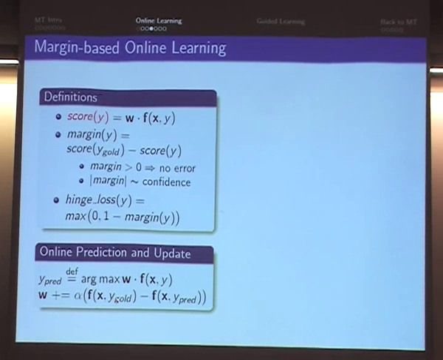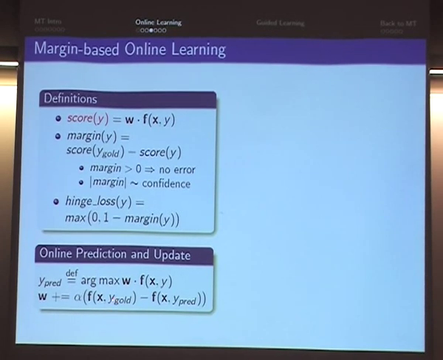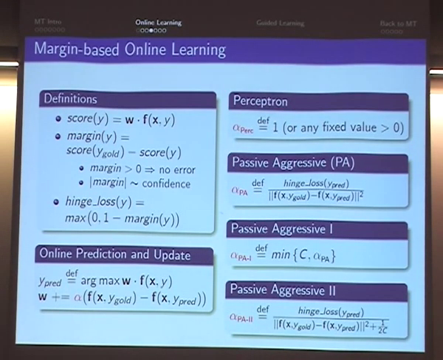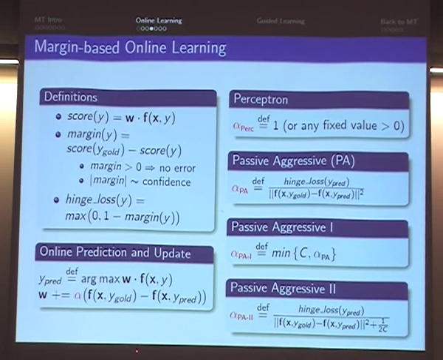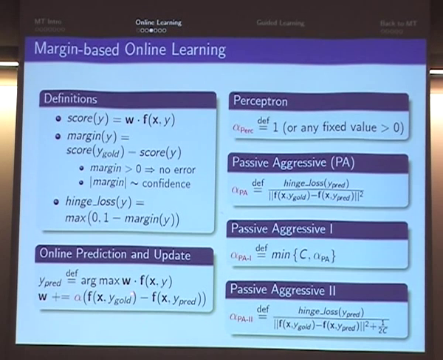It means that you promote or boost the gold label and penalize the incorrect label. But if it wasn't really incorrect, I mean when the loss would be 0, then for example in this case, the alpha constant would be also 0, so no update would be done here.